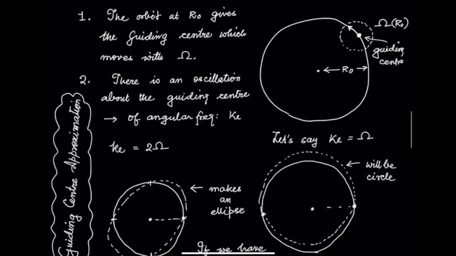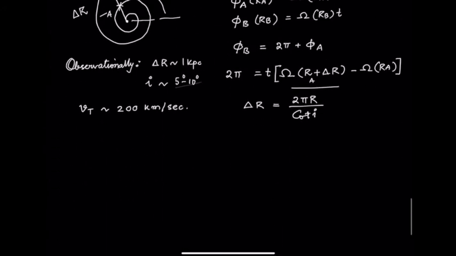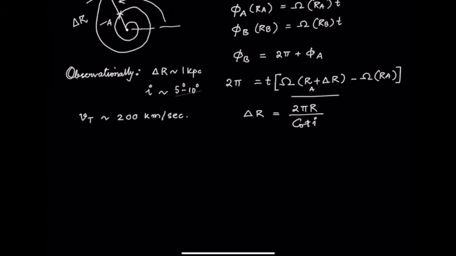If you put these numbers in, this will give you an i of around 0.25 degree and delta R around 0.3 parsec, both of which are much less than what is observed.